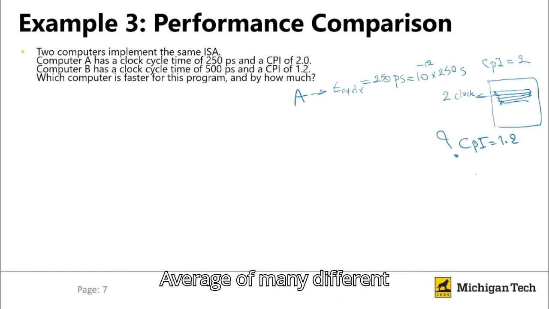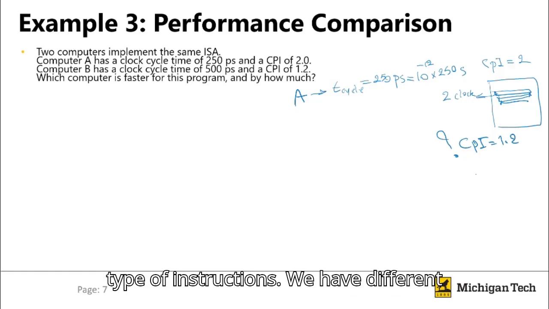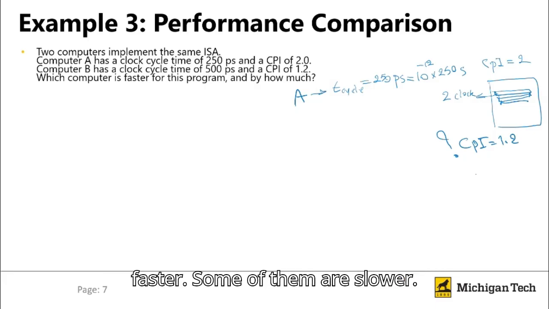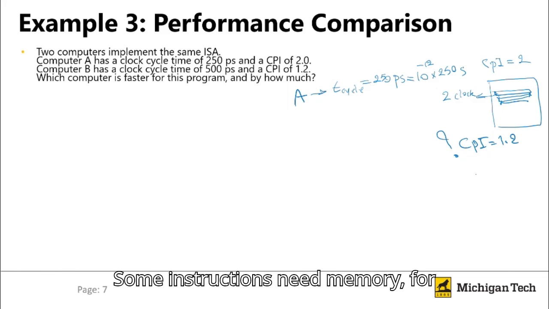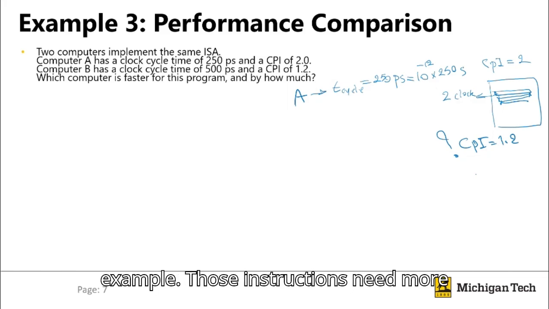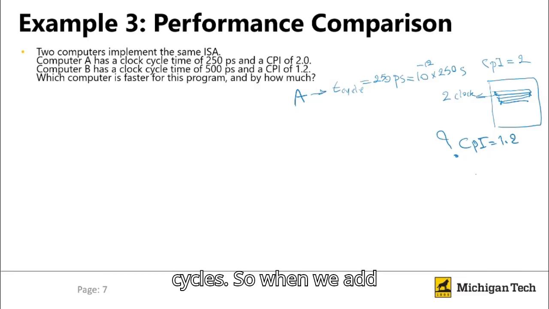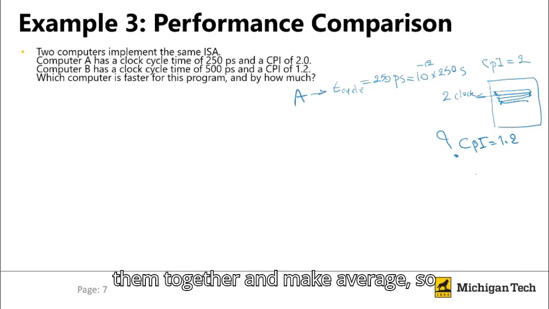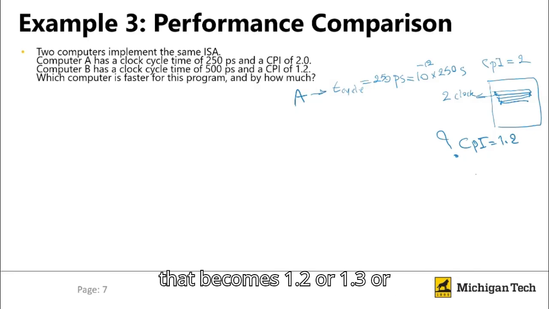Average of many different types of instructions. We have different types of instructions. Some of them are faster, some of them are slower. Some instructions need memory, for example, so those instructions need more cycles. When we add them together and take the average, it becomes 1.2 or 1.3 or 3.2, whatever.